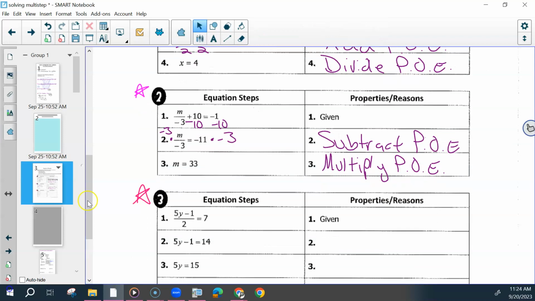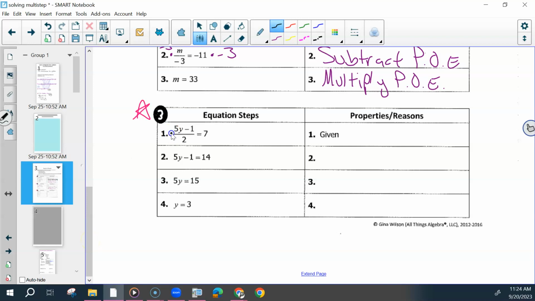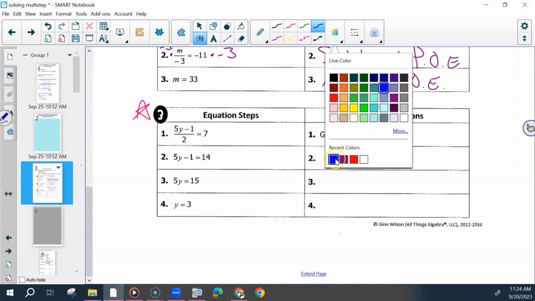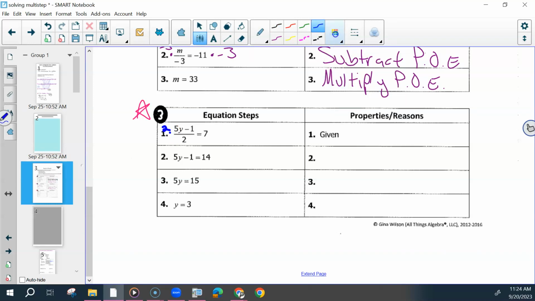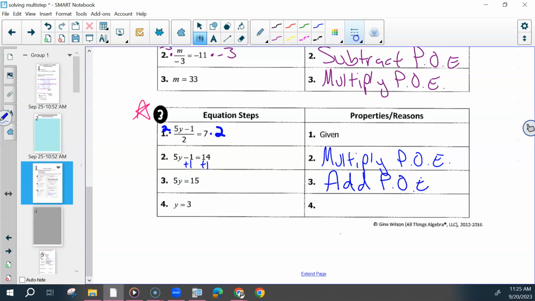I'll give you like a minute. Check your answers with mine.